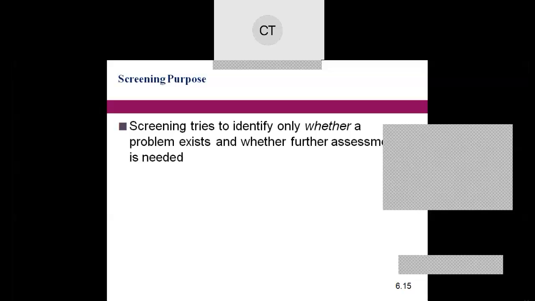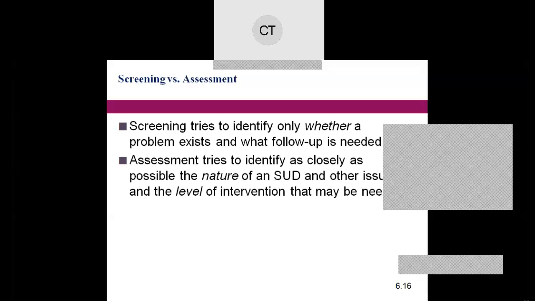Screening. I already said what screening is. Screening is just to check the existence of a problem, whereas assessment is to understand the depth of the problem. So, screening versus assessment. Why should there be screening as well as assessment? Screening, as I said, is just to know the existence of the problem.